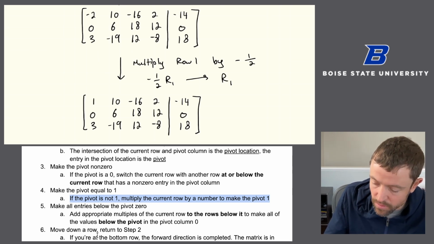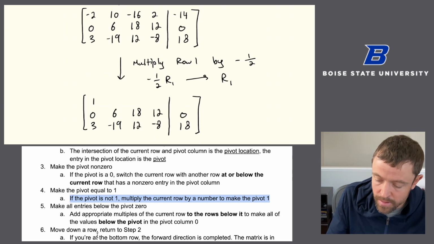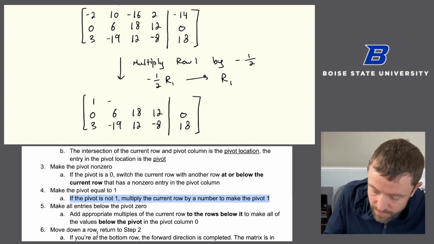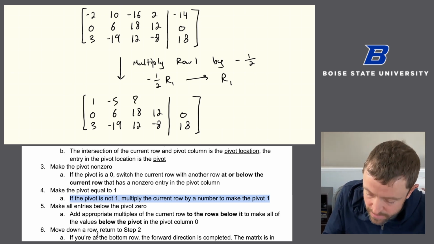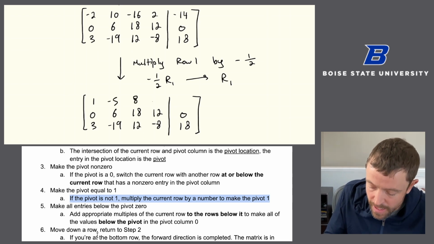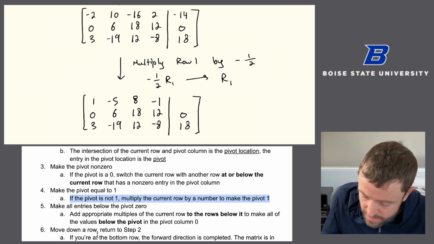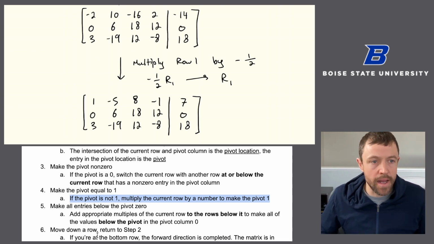Let's actually just erase the whole thing so that we're really careful. So minus 2 becomes 1. 10 times minus 1/2 is minus 5. Minus 16 times minus 1/2 is 8. 2 times minus 1/2 is minus 1. Minus 14 times minus 1/2 is 7. I now have a pivot equal to 1.